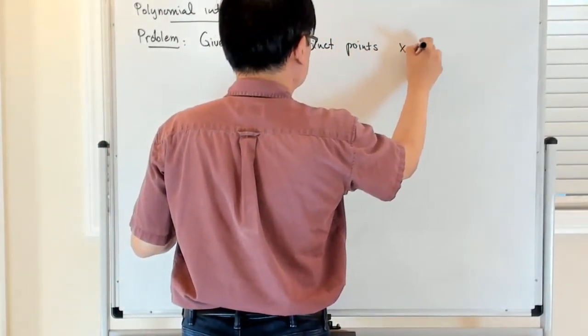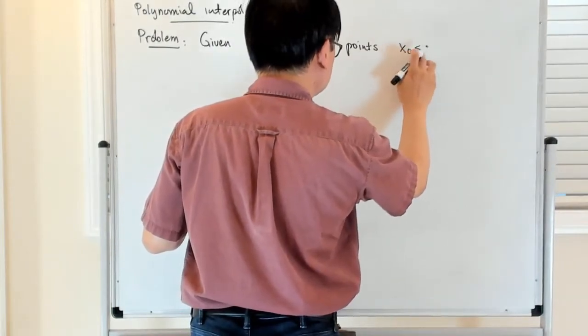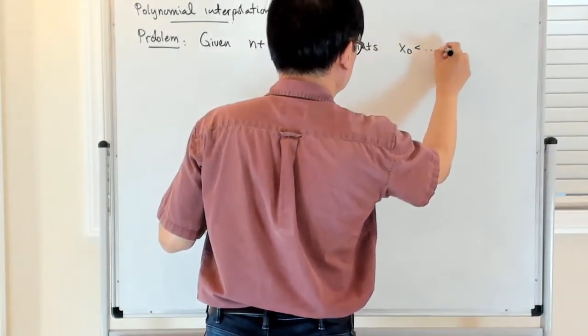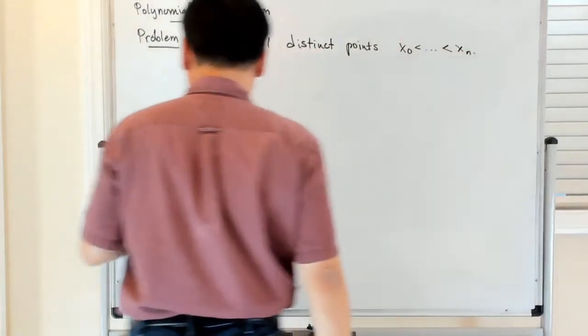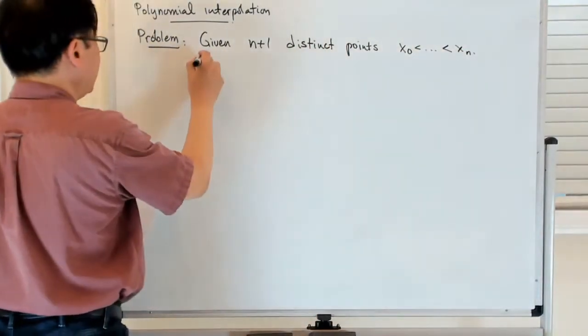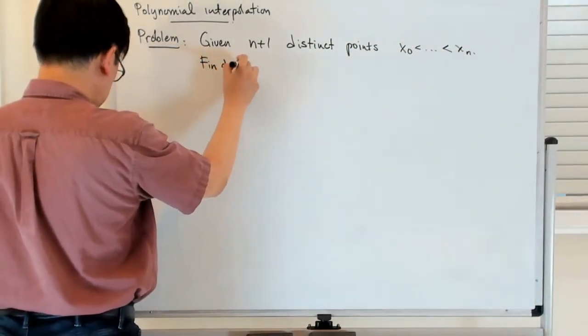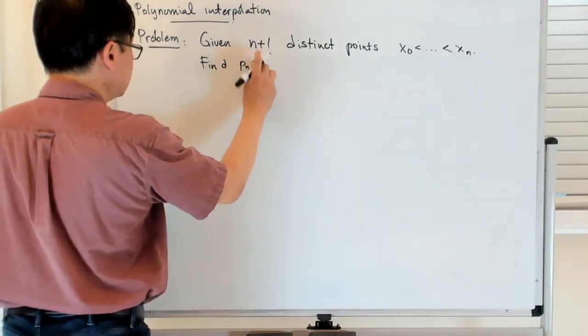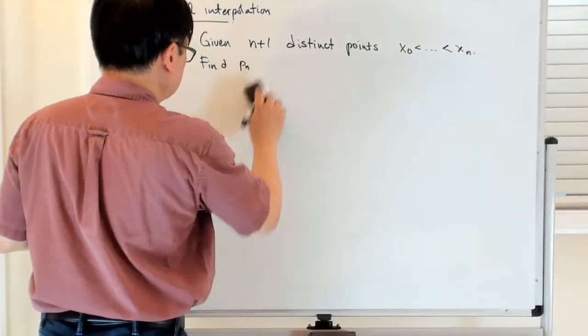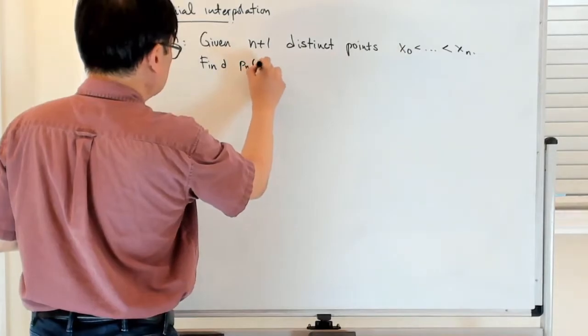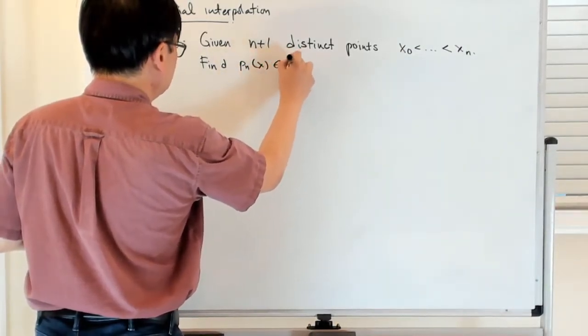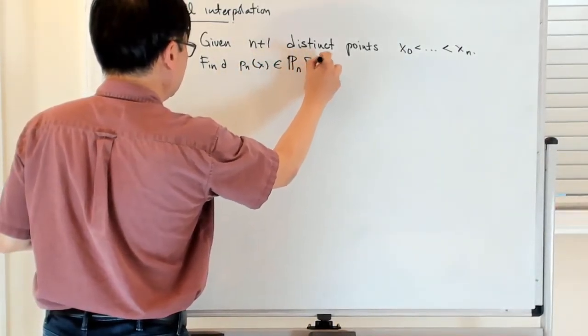Let's say they're distinct, so I'm going to order them x0 to xn. And I want to find Pn of x, which is a polynomial of degree less than or equal to n.